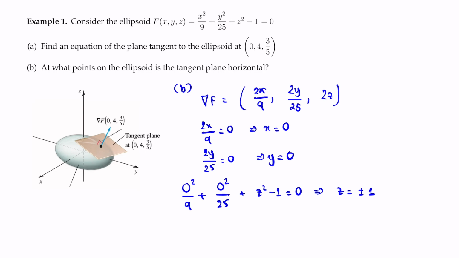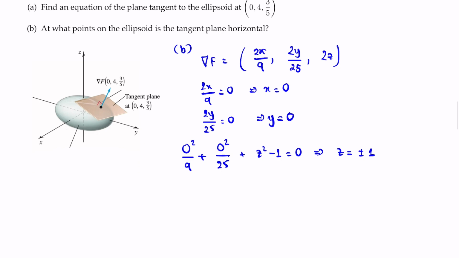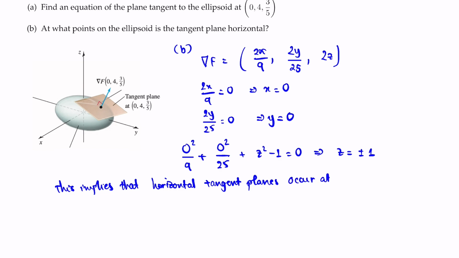The horizontal tangent planes occur at the points (0, 0, 1) and (0, 0, negative 1).